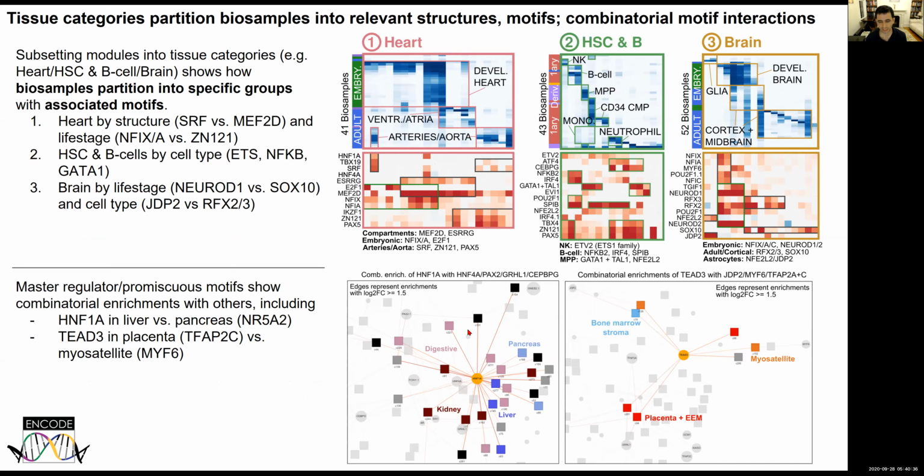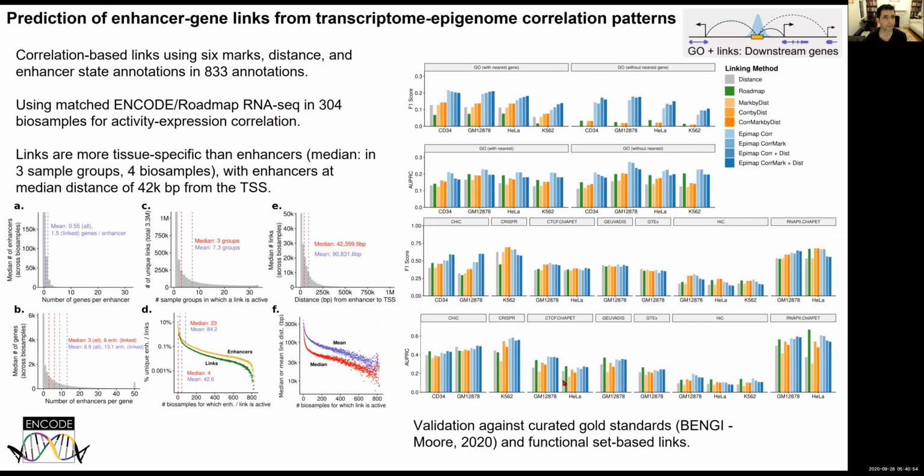We've also constructed these interactive visualizations, enabling you to explore all of that over at compbio.mit.edu/EpiMap. So you can click on individual enhancers, individual regulators, individual enhancer modules, and then look at the cross enrichments.